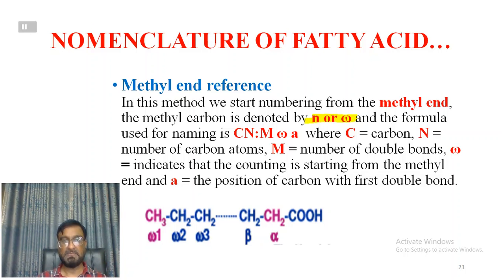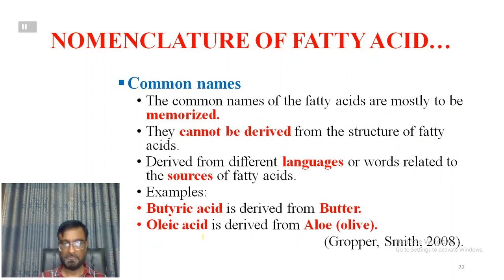And the formula used for naming is CN:M omega A, where C is carbon, N the number of carbon atoms, M the number of double bonds. Omega indicates that counting is started from the methyl end. So look at this one. When we start omega nomenclature, we start from this methyl end. Omega 1, omega 2, omega 3. If a double bond is there, it will be called omega 3 fatty acids.